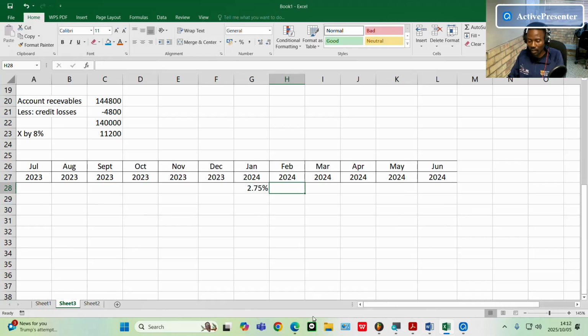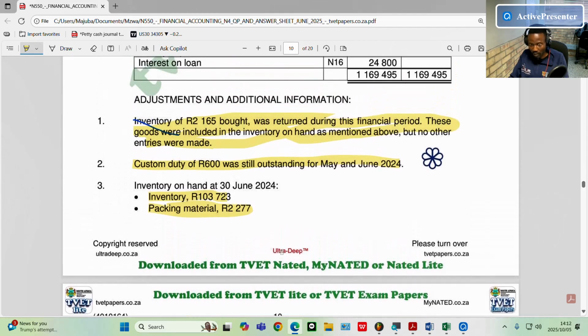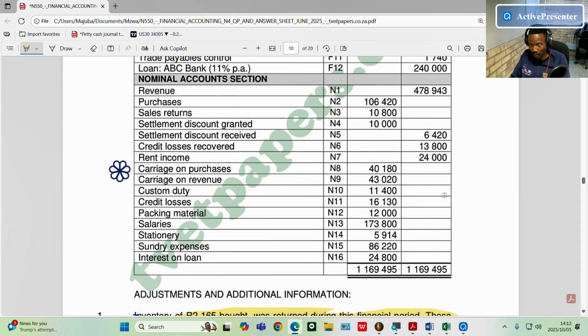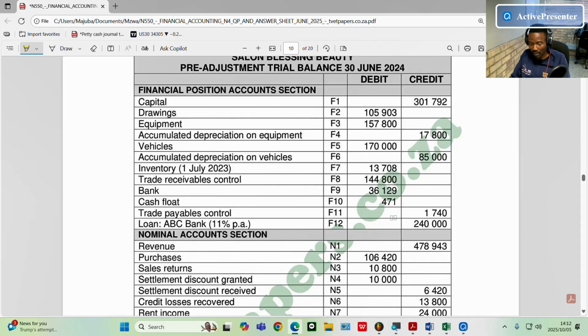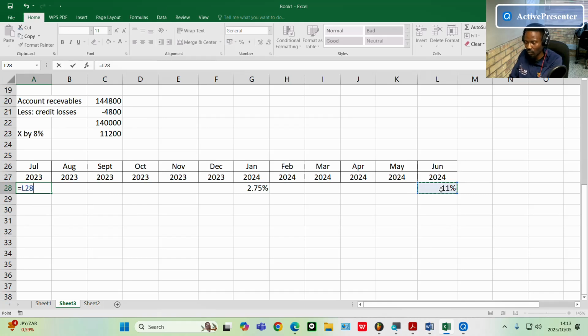Let us go check our trial balance for how much the interest was. So it's 11%. This means the interest rate is 11% at the end of the year. At the beginning, we didn't have this plus 2.75, so we need to less it, meaning it was 8.25.